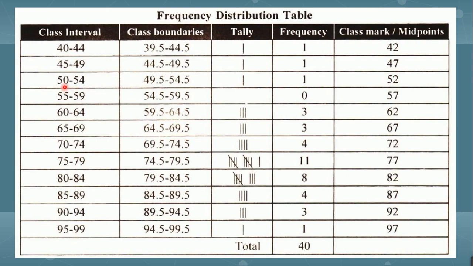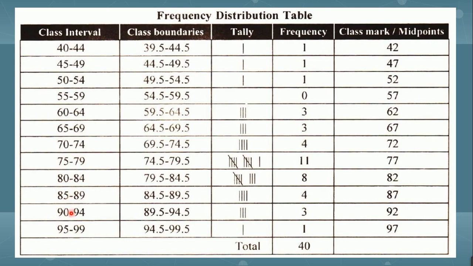And the midpoint of 50 and 54 is 52, and midpoint of 55 to 59 is 57, and midpoint of 60 and 64 is 62. And similarly this class interval has midpoint 67, and midpoint of this class is 72, midpoint of this class is 77, and midpoint of this class interval is 82, and midpoint of this class interval is 87.